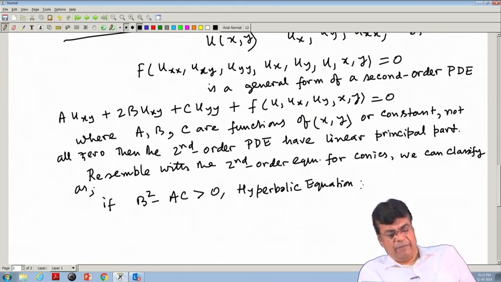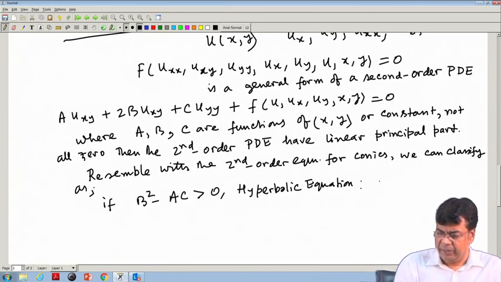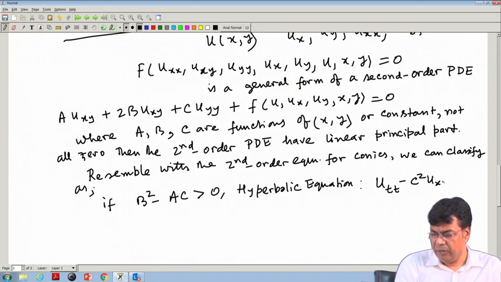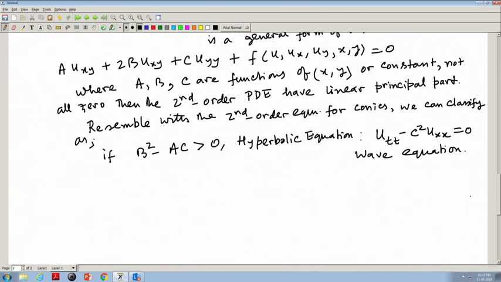Classical example is this equation u_tt minus c square u_xx equal to 0, the wave equation. Any kind of wave propagation is governed by this second order hyperbolic equation.